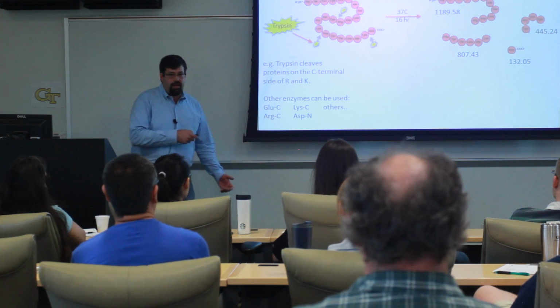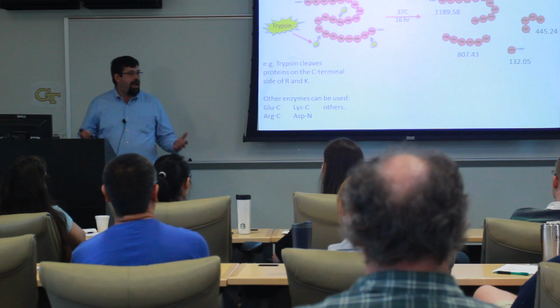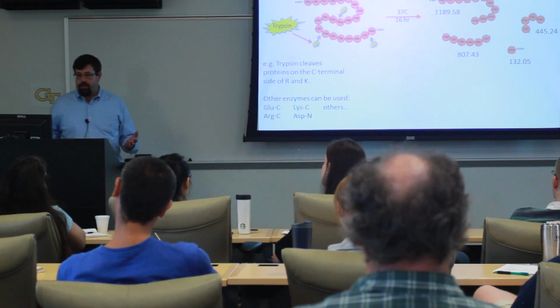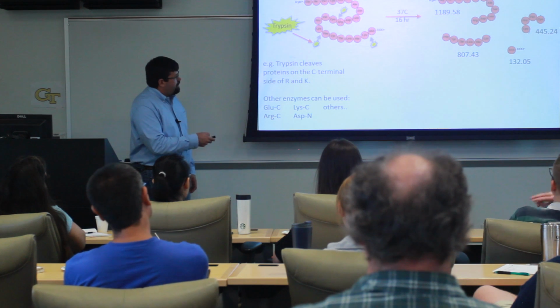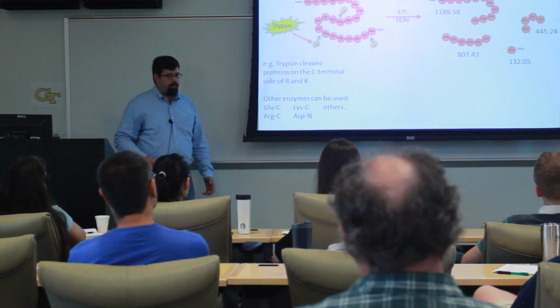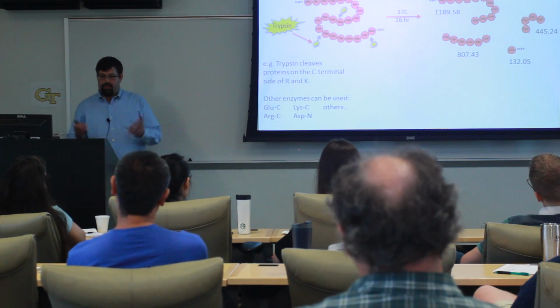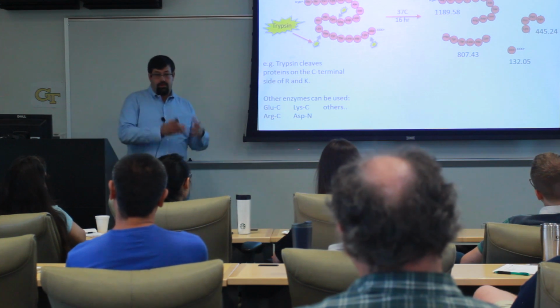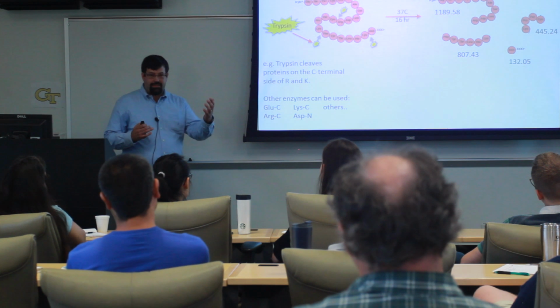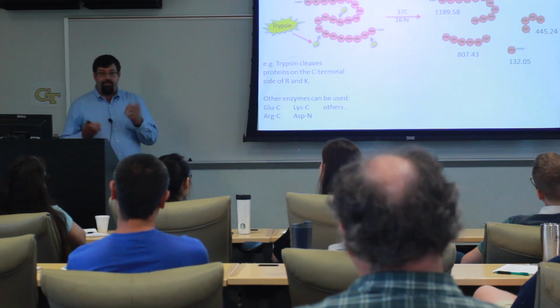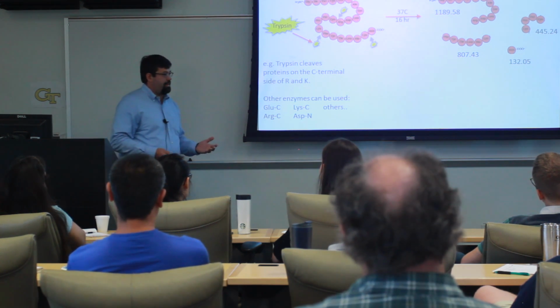Each one of these peptides then has a unique mass based on its composition of amino acids. And that signature, if you will, is almost like a barcode for that protein. A protein of a given sequence will produce peptides of specific mass, and that list of masses can be used as a fingerprint, if you will, for that protein.